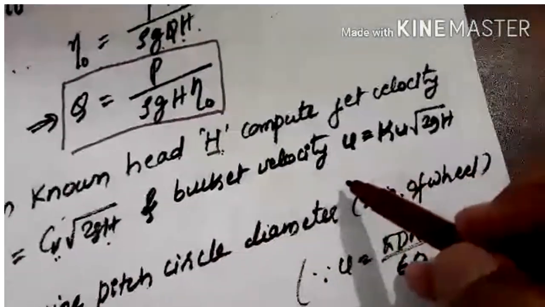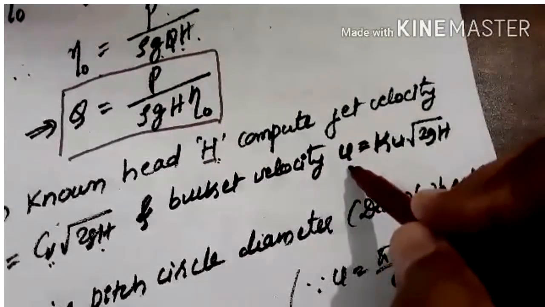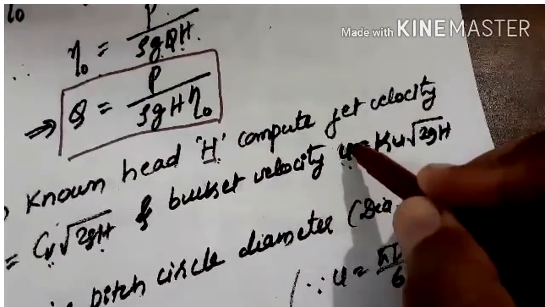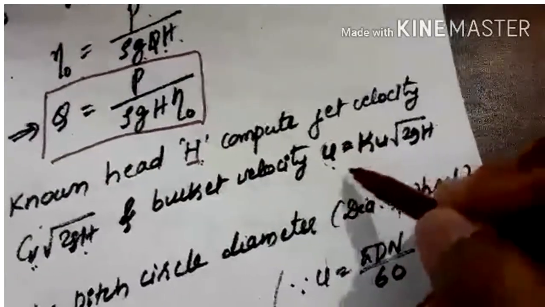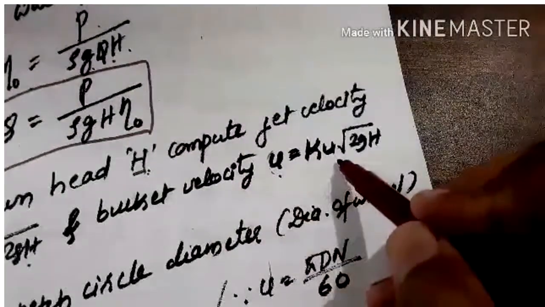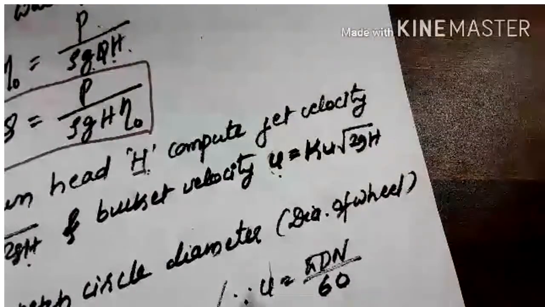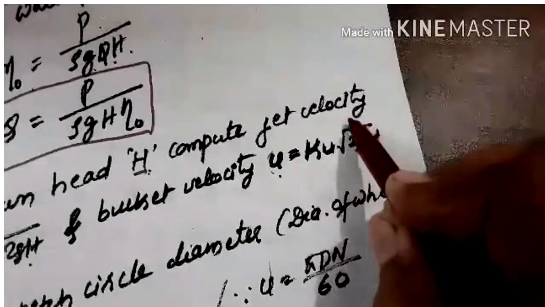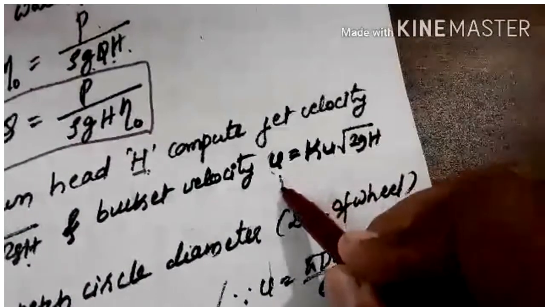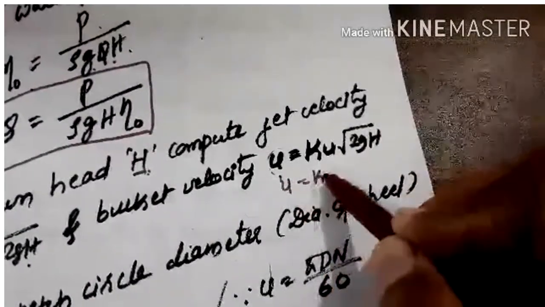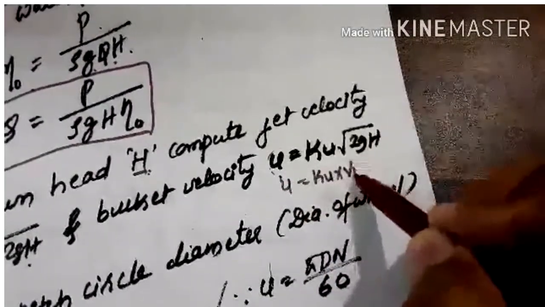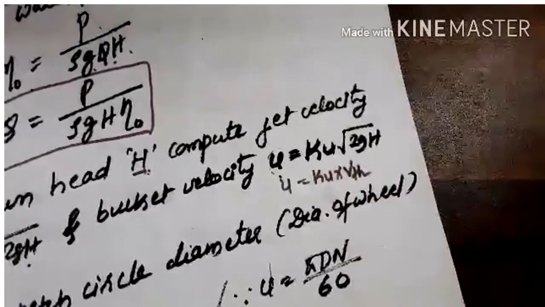The bucket velocity, that is U, or you can call it the wheel velocity, can be easily calculated as Ku times root of 2gH, which is actually the theoretical velocity.